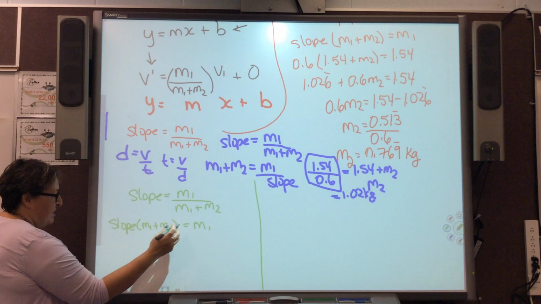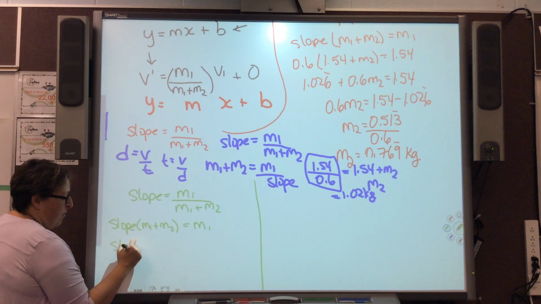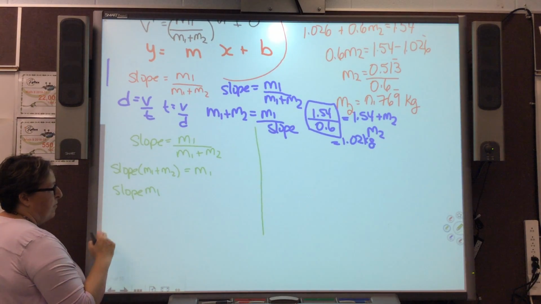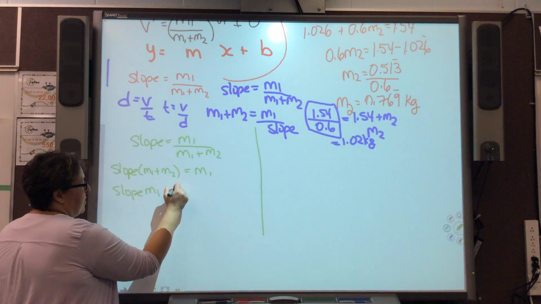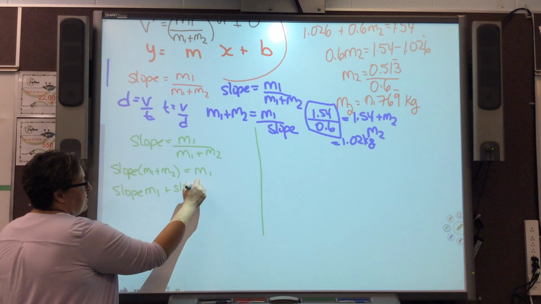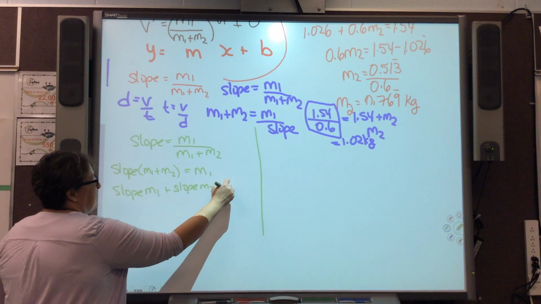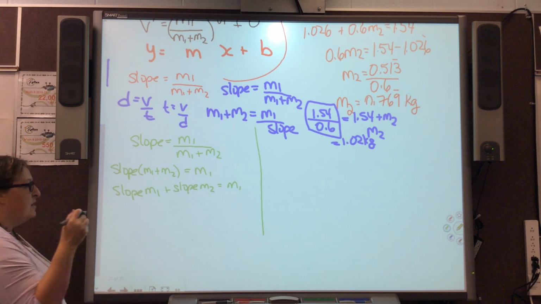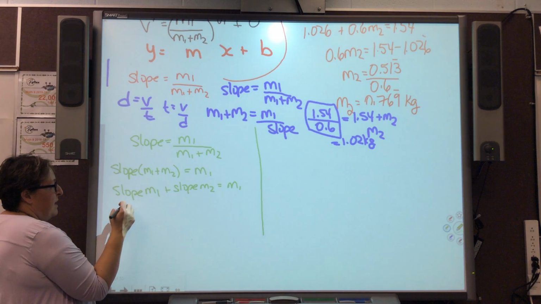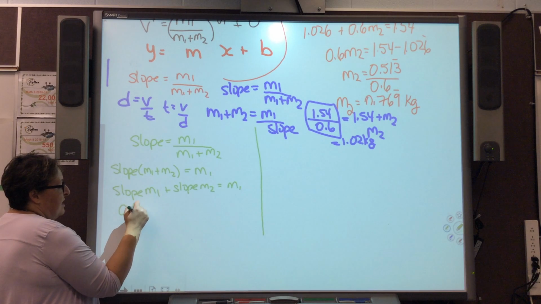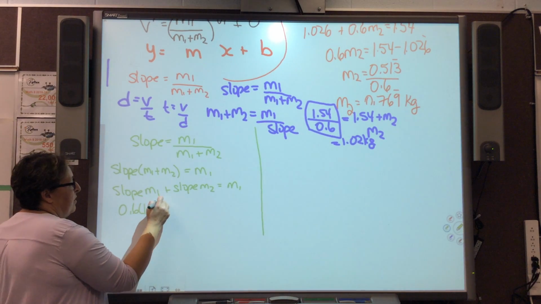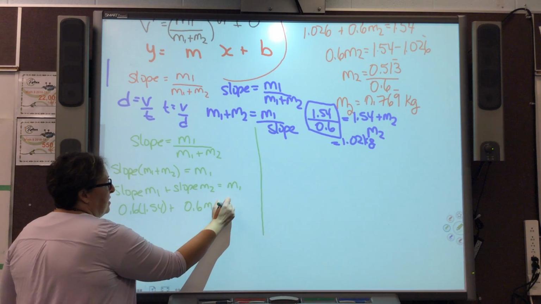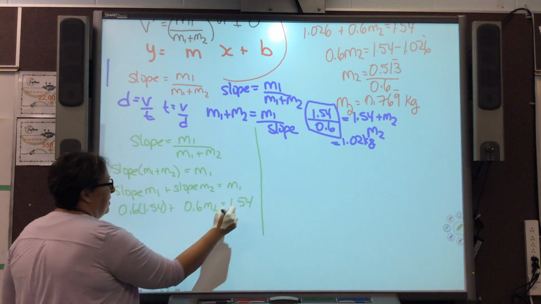So that means when we do the factoring, we have slope m1 plus slope m2 is equal to m1. Agree so far? Okay, so this was 0.6 times 1.54 plus 0.6 times m2 is equal to 1.54.